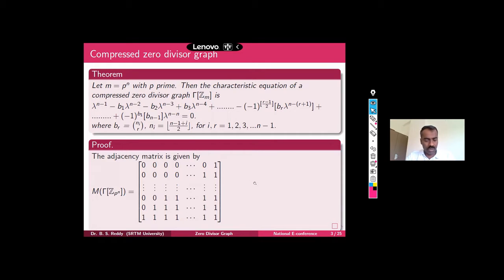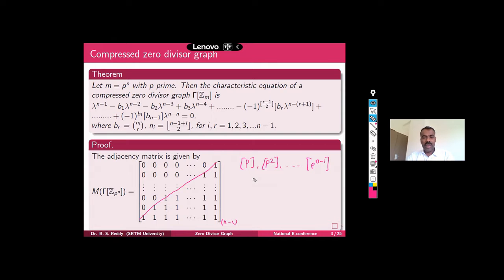Those equivalence classes we can easily write as multiple of p, multiple of p squared, up to multiple of p^(n-1). Okay, so this is an (n-1) size matrix. Then you can easily check that this will be adjacent only with this last one and so on. That is the reason you get all ones here and below that ones, and above that all zeros, because they are not adjacent. Okay.